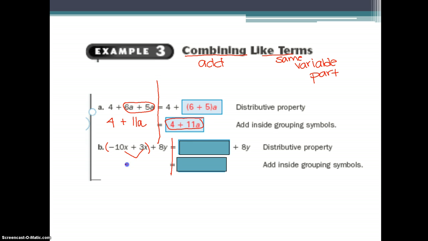Negative 10 plus 3 is negative 7. They have an x in common. Remember, only one x in common. Plus 8y. You can see what they did was they took out the x and are left with the numbers, which are called coefficients, and then they simplified. This is my answer because there's an x and a y. They are unlike, so you cannot combine them.